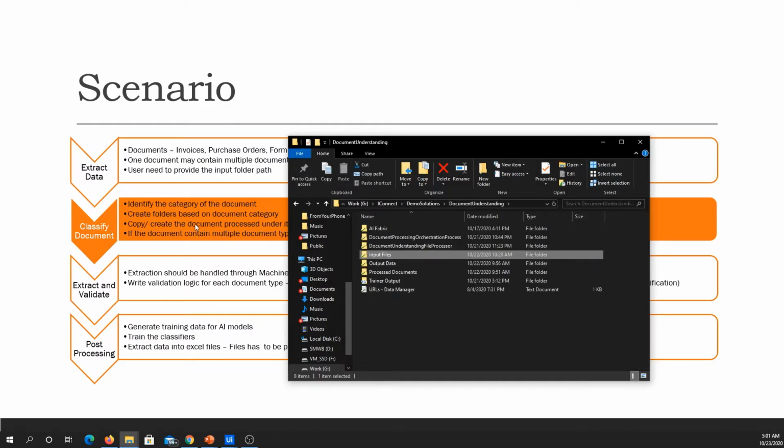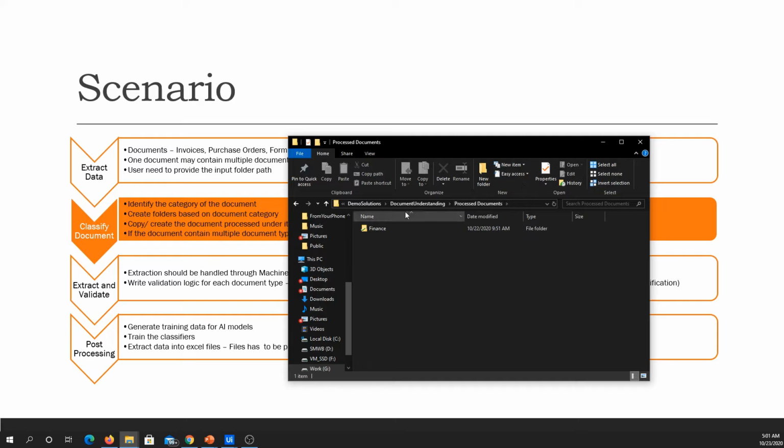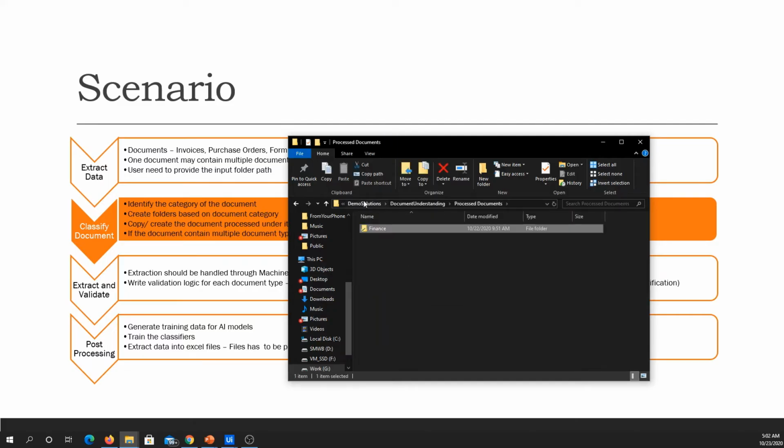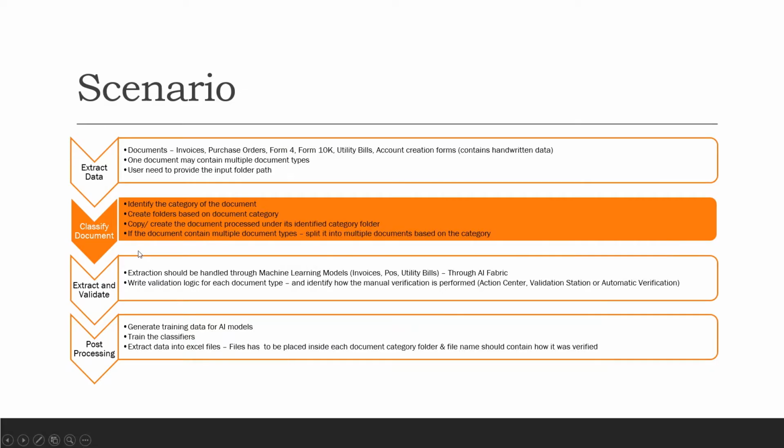Once the classification is identified, we should move the documents into the process documents folder, and based on the document types, group and category, the robot should create these folders and copy the file into that folder. We'll see how we can do that. And if we have multiple types of documents inside one file, we'll see how to split them.